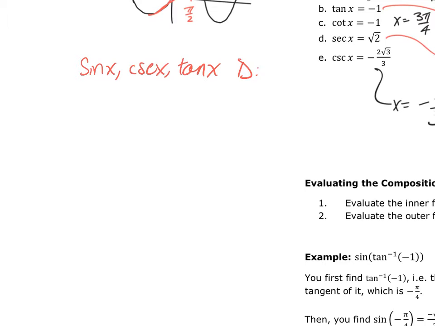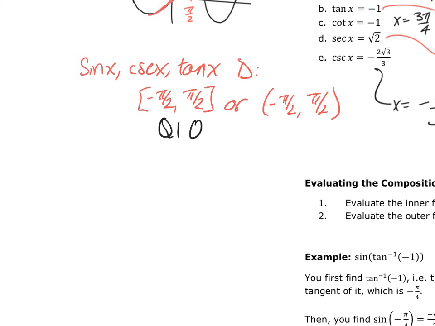Their domains are either from negative pi halves to pi halves, or for tangent, it is non-inclusive. So for this one it is quadrant 1 and quadrant 4 in reverse. And I say reverse because we do the negative angles.